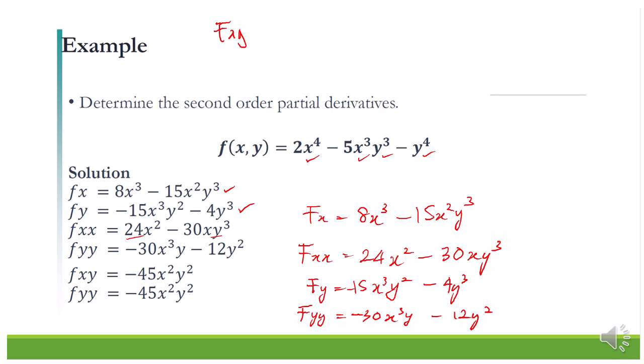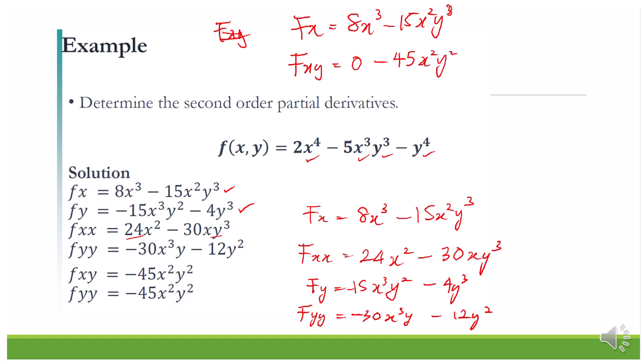Alright, so we have fx, which is equals to 8x plus 15 x squared y cubed. So fxy is to differentiate with respect to y. So this will be 0, and 15 times 3 is 45 x squared y squared.